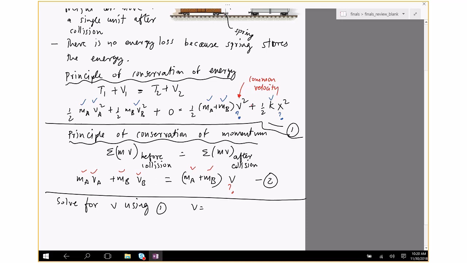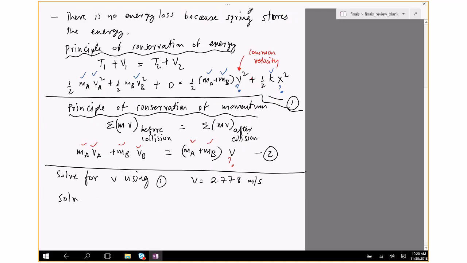V comes out to be 2.778 meters per second, and then solve for x using equation 2, because we know V now, so we can solve for x. It's 0.48 meters.